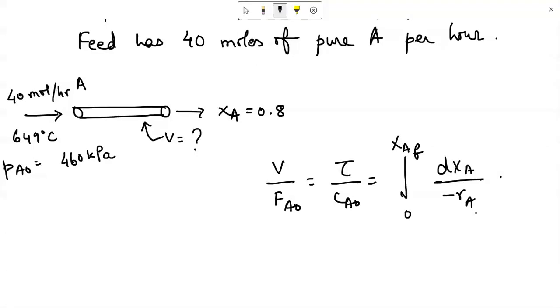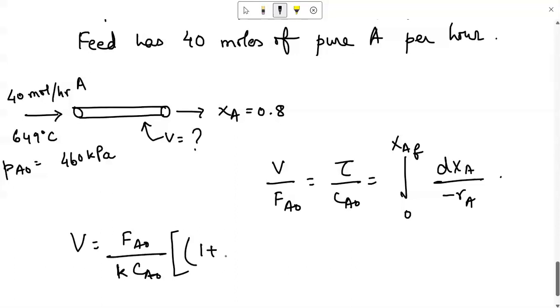The final expression should look like this: V equals Fa0 by K Ca0, depending on your rate constant of first order kinetics, multiplied by (1 plus epsilon A) ln of 1 by 1 minus XAF, minus epsilon A XAF.